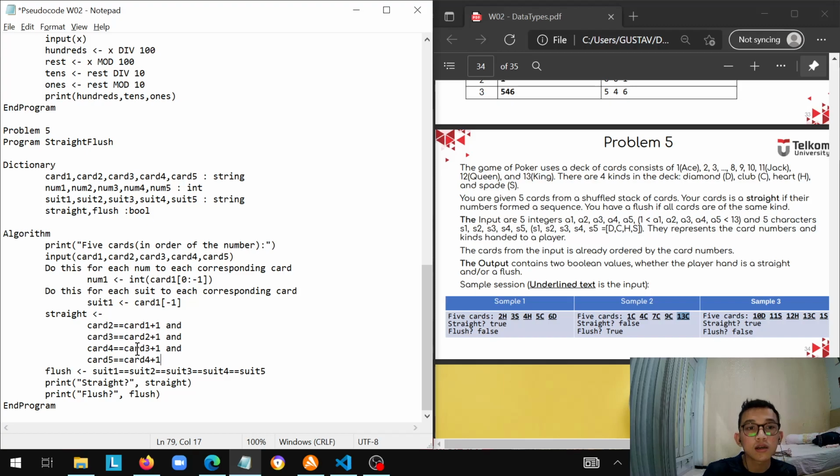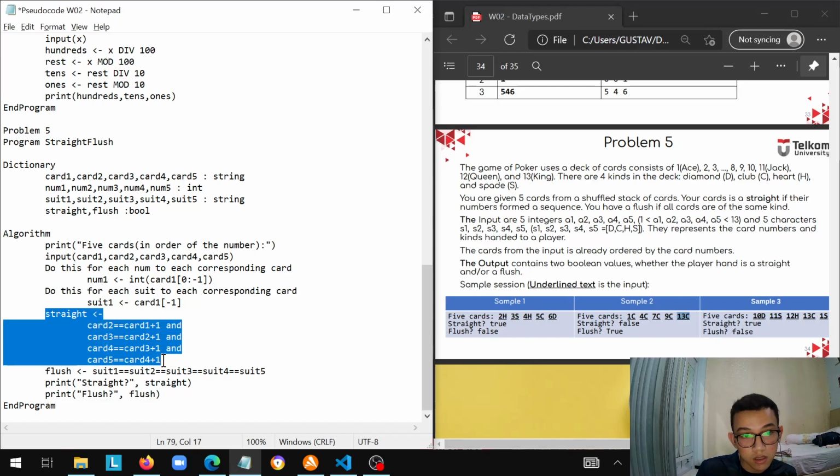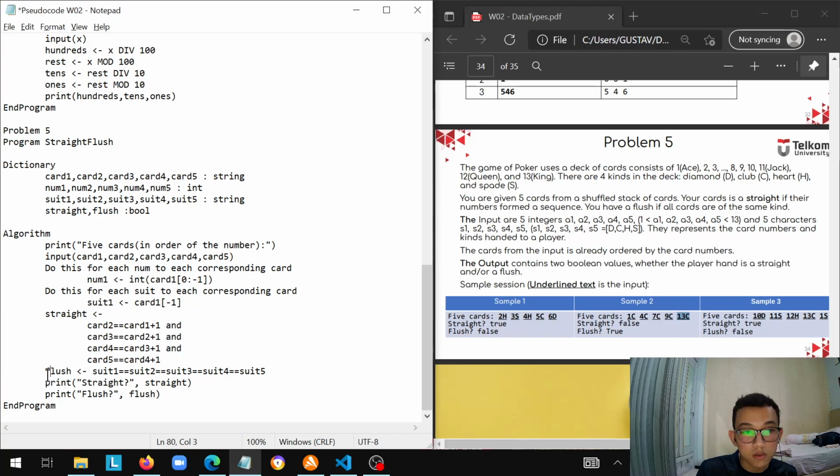That means suit 1 is the same as suit 2, same as suit 3, same as 4 and 5, the diamonds or D or 1, D or 2, and so on. We're going to check whether they're all the same or not. And then we print the result: straight is this, and flush is this. That's pretty easy to understand.